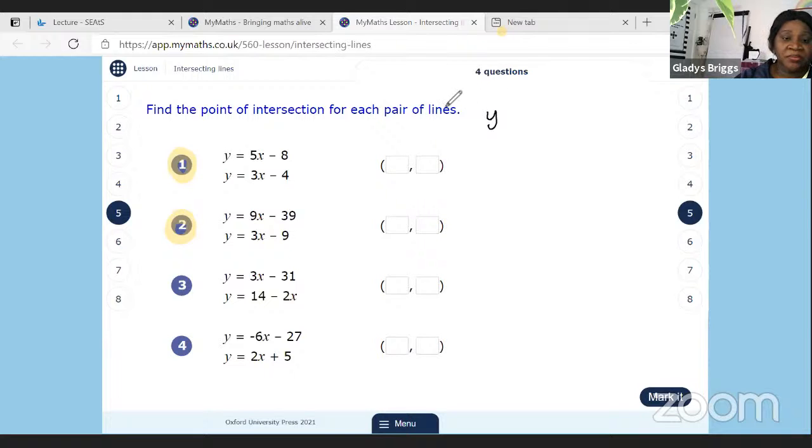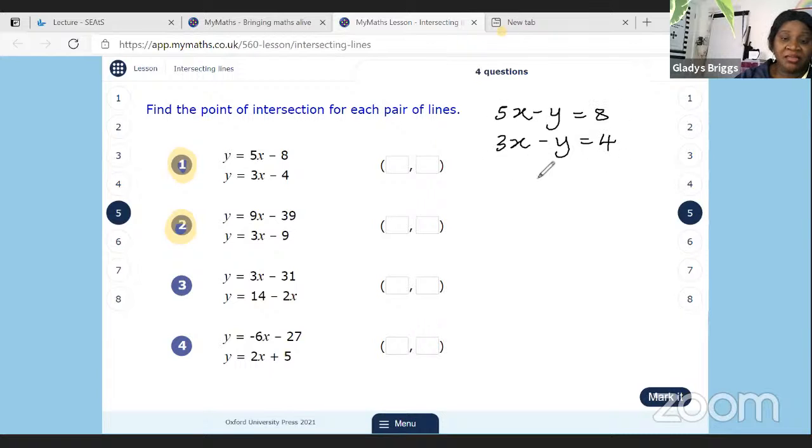Okay, let's do it this way. 5x, let me rewrite everything. 5x minus y is equal to 8, yeah? 3x minus y is equal to 4.